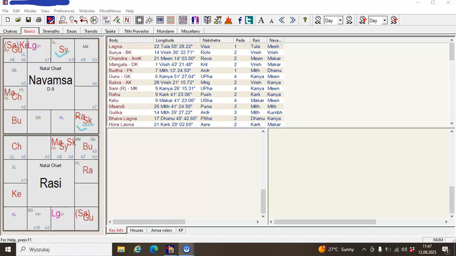Then we'll go to the next Mahadasha, which will obviously be Mituna. This is an odd sign, so the counting will be direct. Let's see where we've got the Lord of the Rashi, which is Buddha.